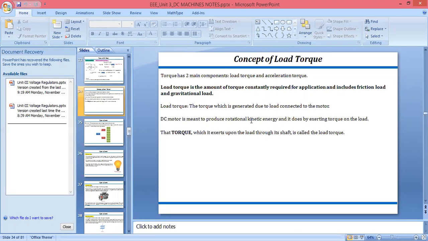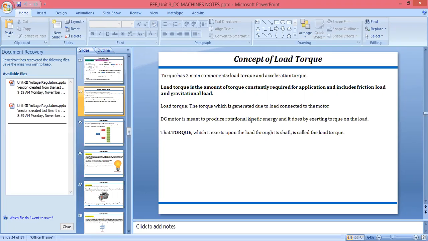In our previous session, we studied the EMF equation, then we saw the torque. We saw that the mechanical power is given in the form of torque and angular speed: Pm equals tau into omega.